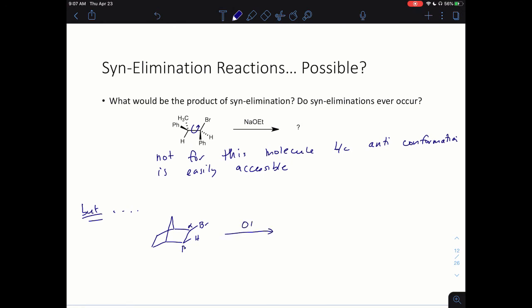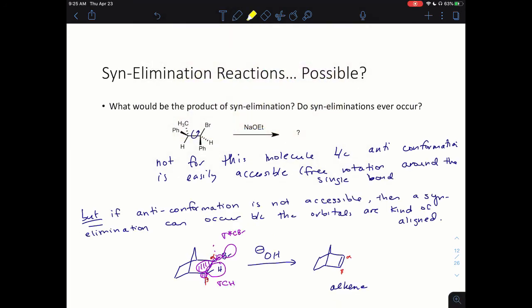If we were to treat this with sodium hydroxide, and we probably have to heat it, because it's going to have a little bit higher activation barrier, because this is going to proceed through a syn elimination, we will see an alkene product. So we will observe E2 here. And that's because sigma CH is aligned with sigma star CBr in this syn conformation.